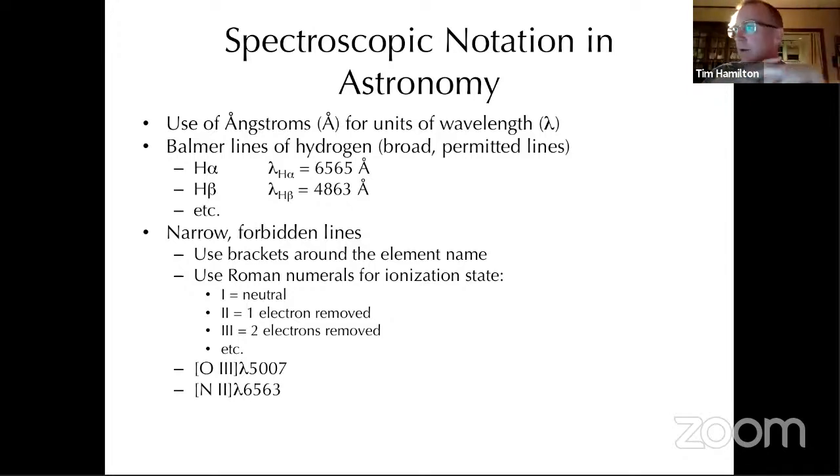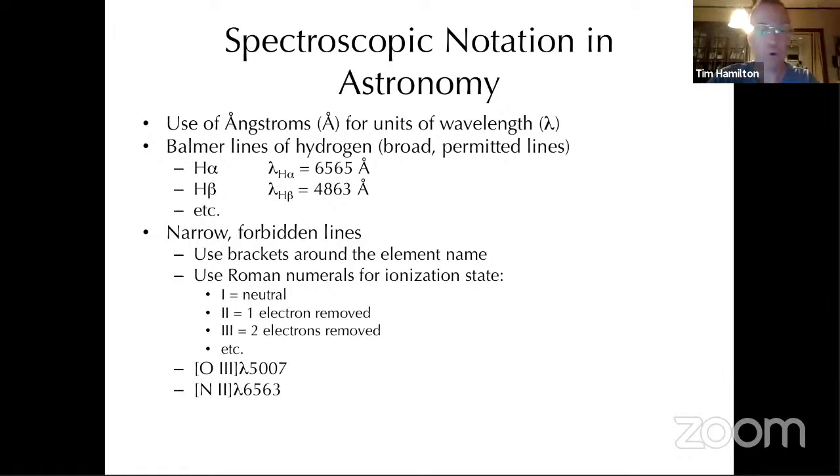So for these forbidden lines, then, we will have brackets around the element name, square brackets like you see here. The first thing we put in the brackets is the species of element. So O for oxygen, N for nitrogen. The next thing we use is Roman numerals telling us the ionization state. Roman numeral I is neutral.